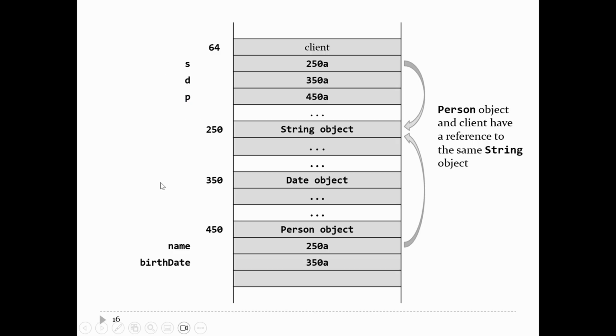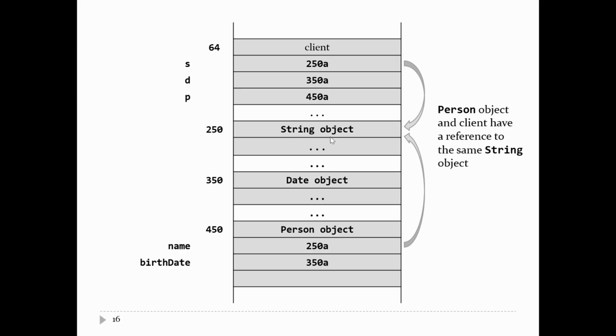The constructor runs. It copies the person class, plunks it somewhere down in memory. So there's your copy. And then it fills in the name and the birth date. The code is this.name equals name. When you say this.name equals name, you just copy that value there, and so the name becomes a reference to that string object.